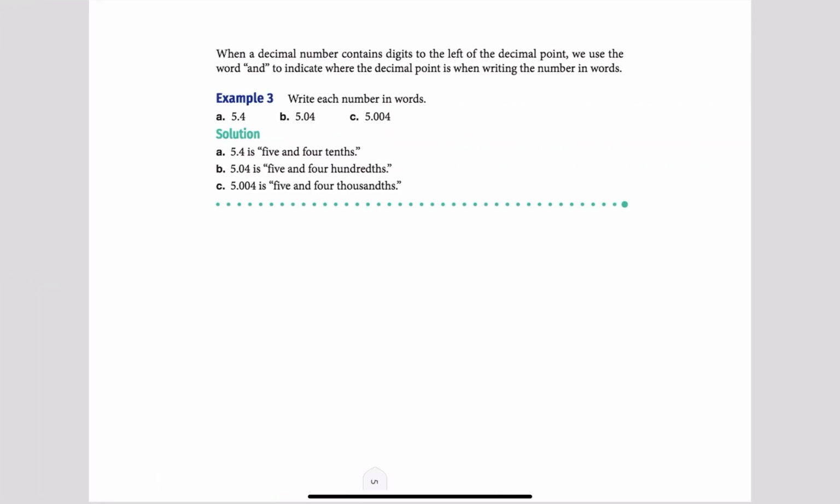Now, what if there's a value on the left of the decimal point? Then, no problem. That's the whole number. That's the whole amount. And then what's on the right is the decimal amount, the fractional amount, really. So if we look at this number, which we might say 5.4, its actual name is 5, because that's how many whole parts there are, and, which is the name we use to represent where the decimal point is.